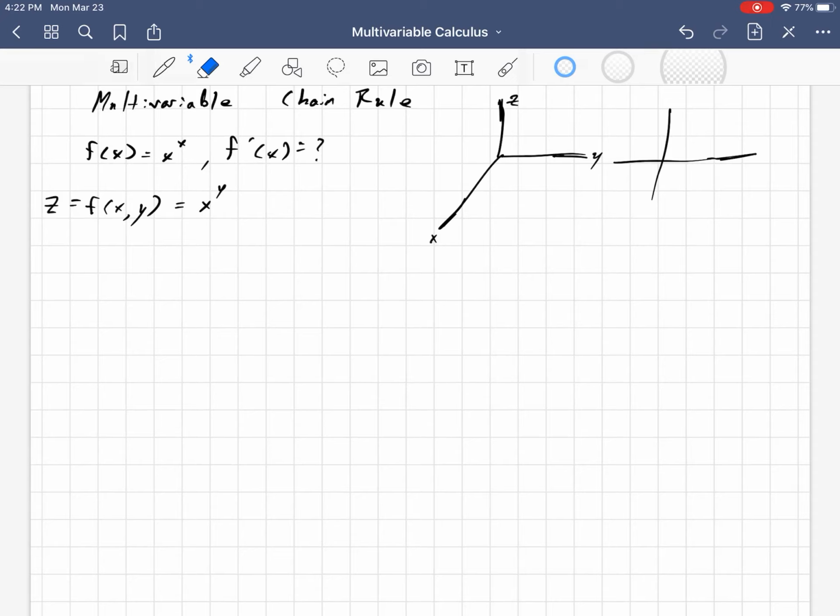So we have one dependent variable, which is z, and we have two independent variables, x and y. I kind of like to visualize it like this.